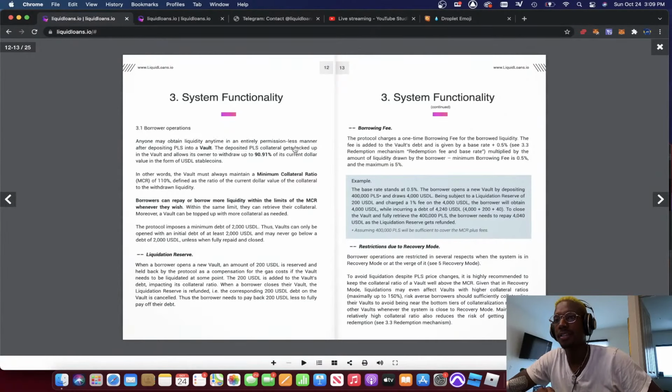The deposited PLS collateral gets locked up in the vault and allows owners to withdraw up to 90.91% of its current dollar value in the form of USDL stablecoin. So you can borrow and withdraw up to 90.91% of the current value in the form of USDL.